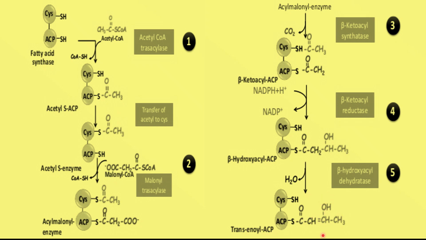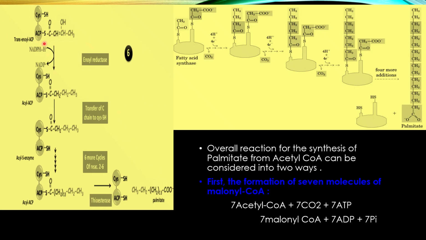So it can tautomerize and it is stabilized. The system is stabilized. OH group is there, CH double bond on the alternate side. So they undergo keto-enol tautomerism. So in the next step, this is the entity with the double bond, trans-enoyl ACP.